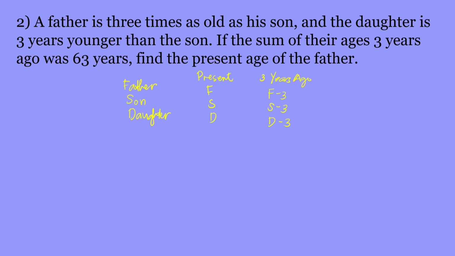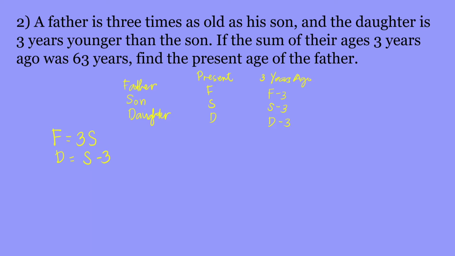So, the first sentence tells us that the father is 3 times as old as his son. And the daughter is 3 years younger than the son. 3 years younger means the son's age minus 3. Right? So, those are the relationships of these ages at present.